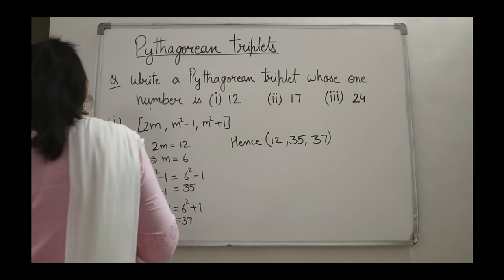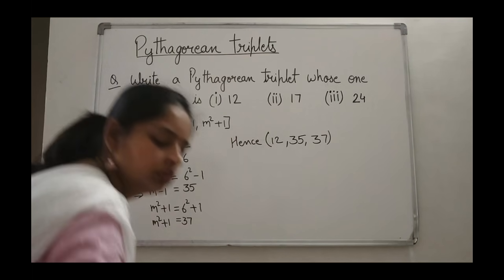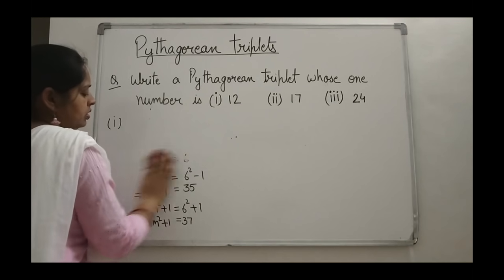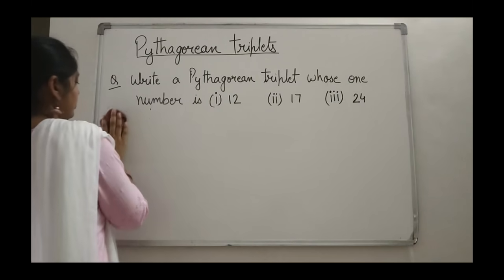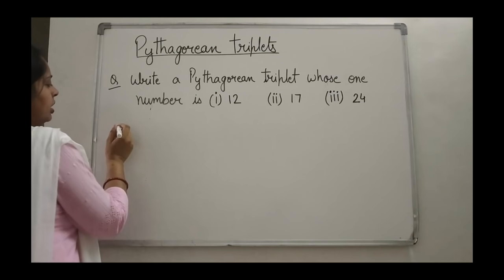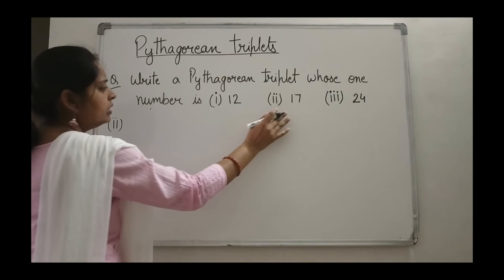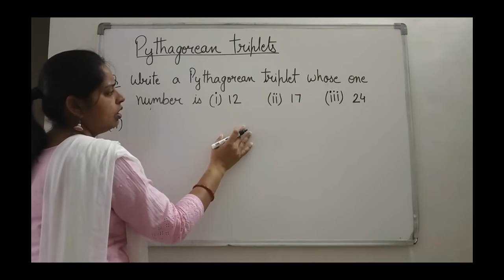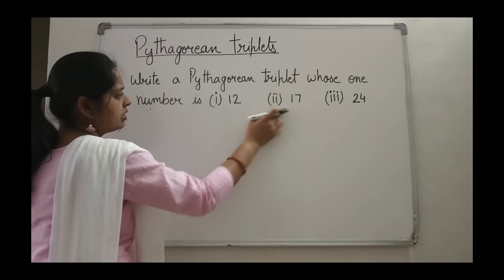See the second one. In the second part, you have the number 17. 17 is which type of number? 17 is a successor of a square number, because 16 is a square number and after 16, 17 is coming.